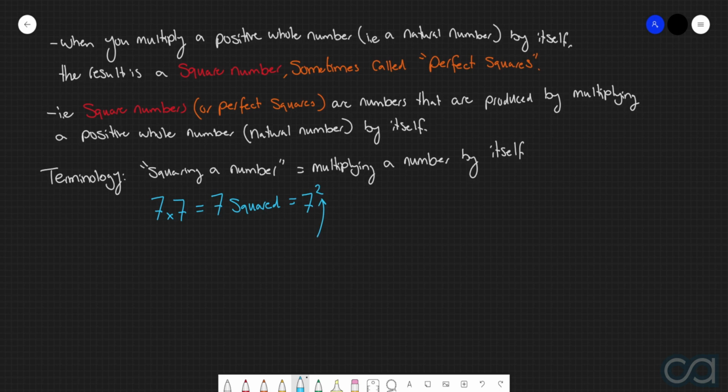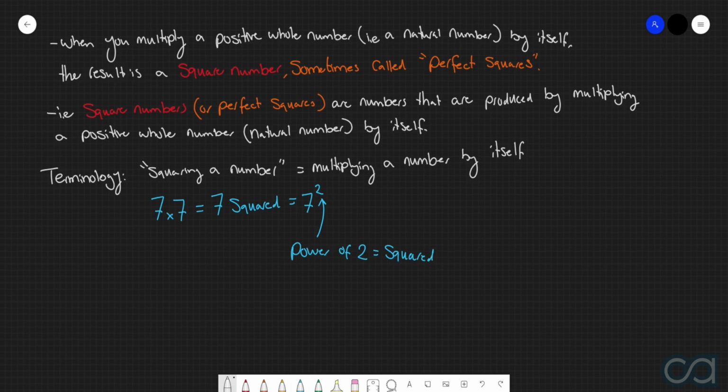Effectively, what this 2 represents is the idea of multiplying this 7 by itself twice. The other way that we can say this is a power of 2. However, typically whenever we're referring to the power of 2, we often just say squared.